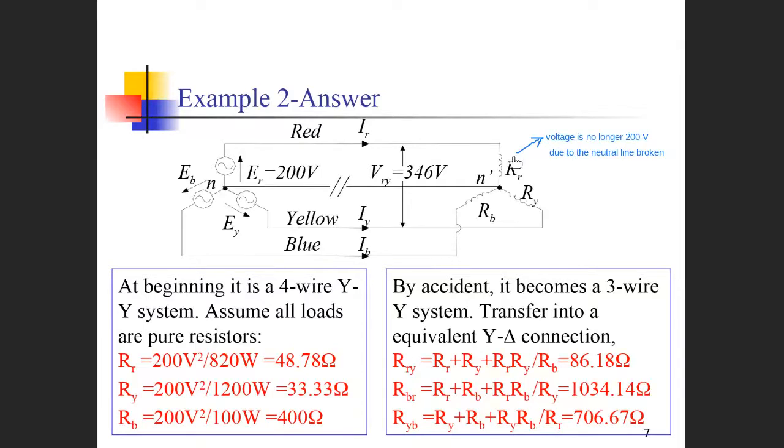We first find the 3 resistors. For the toaster, its rating power is 820 watts with rating voltage 200 volts. So the resistance of the toaster can be estimated with the rating voltage and the power.